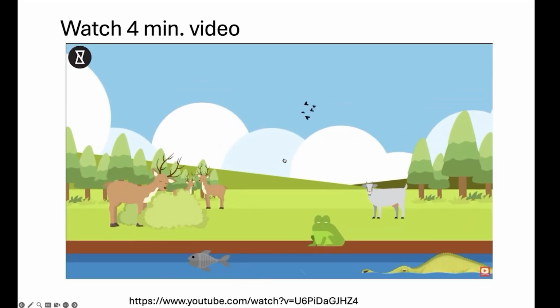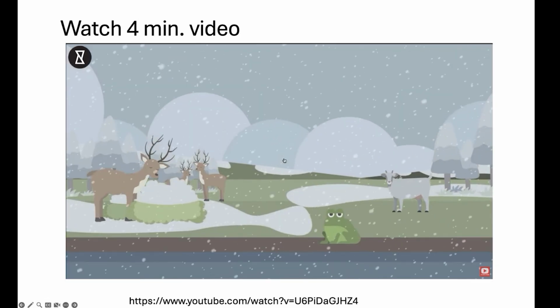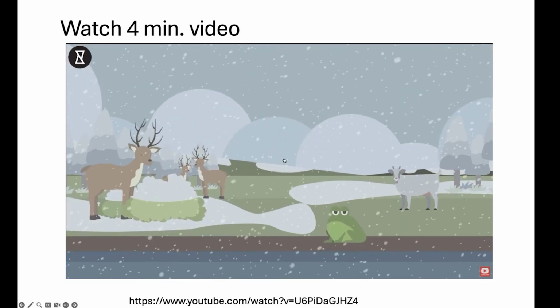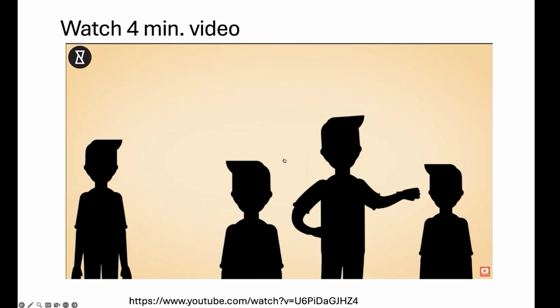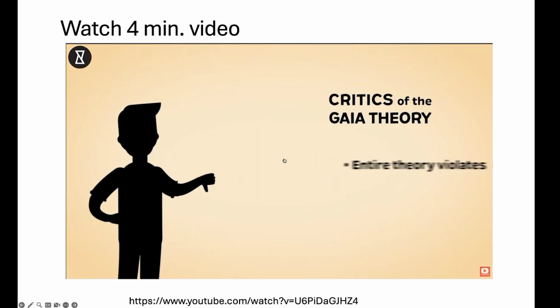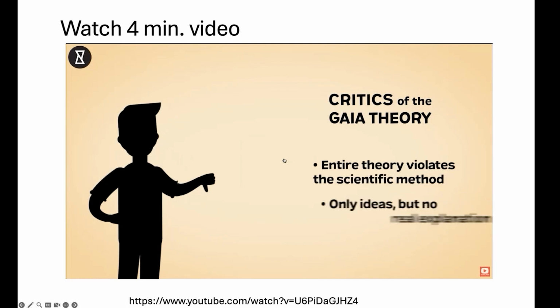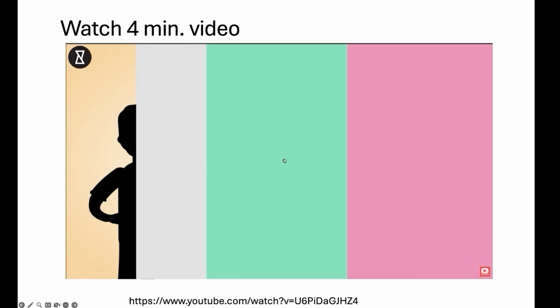Rather than life on Earth simply reacting to the environment, life on Earth also affects and changes the environment around it. But despite all the people who supported the Gaia theory, there were far more critics who dismissed it. Critics of the Gaia theory argue that the entire theory violates the scientific method, since it only provides ideas but offers no real explanation of exactly how organisms could act together to maintain a balance of life on Earth.